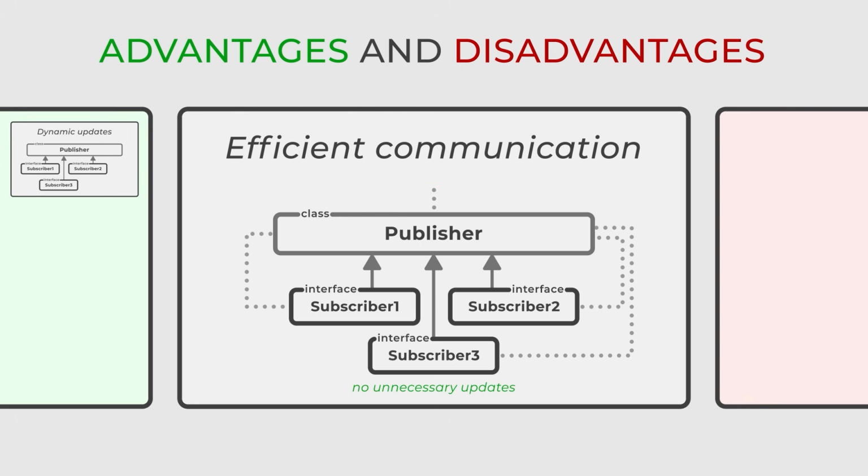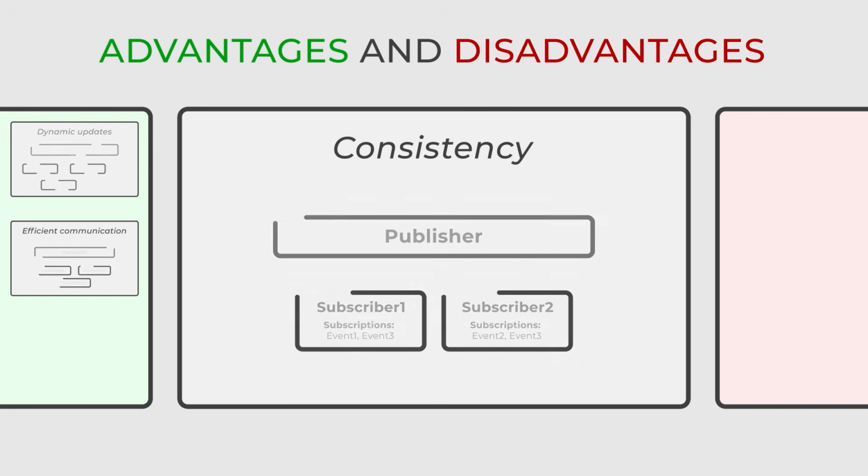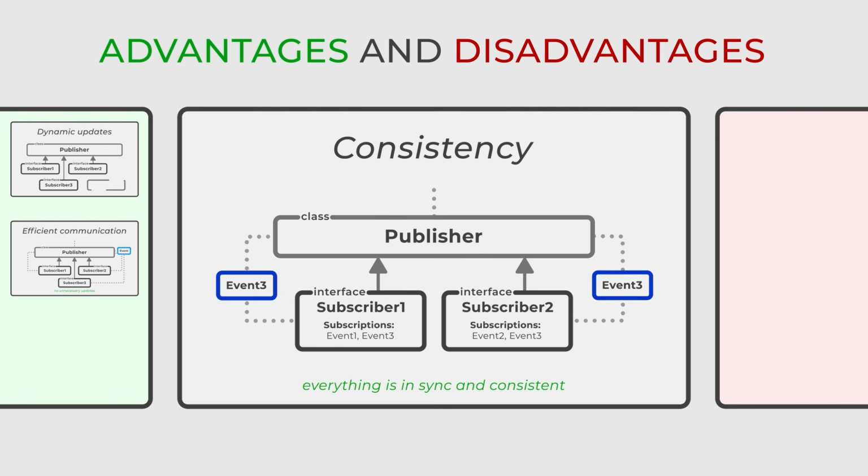Observers are only notified when relevant changes in the subject's state occur, preventing unnecessary updates and helping keep the system efficient. Moreover, the observer pattern aids in maintaining consistency across the system. It guarantees that all observers are kept in sync with the subject's state, ensuring that each dependent object is updated appropriately to reflect the current state.